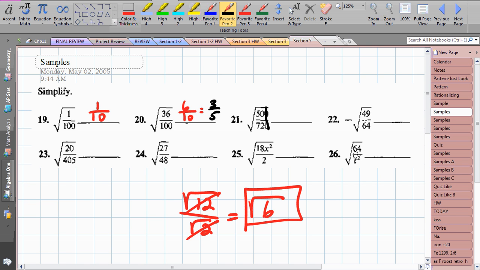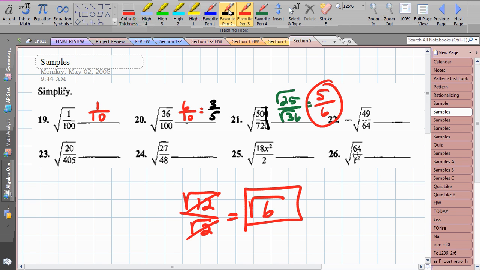Well, 2 does. 2 goes into 50 25 times. And 2 goes into 72 36 times. And so in this case, the radical 25 turns into a 5, and the radical 36 turns into a 6. And that is our answer right there.